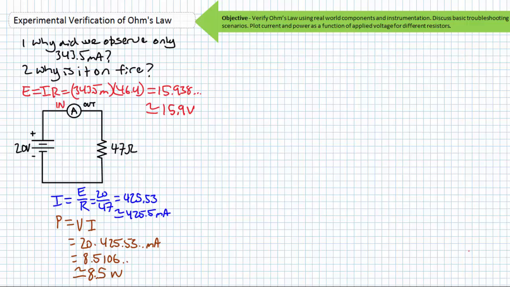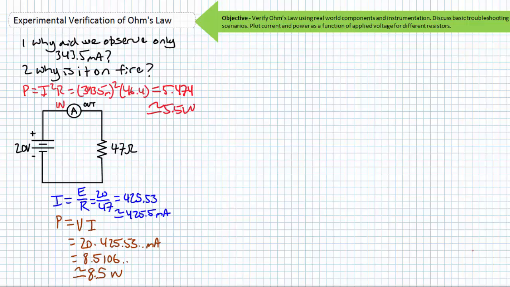A resistor of this size and power rating is instantly going to go up in smoke the moment it is exposed to these conditions. The only reason it took a couple seconds is that the power supply is current limited to 343.5 milliamperes.